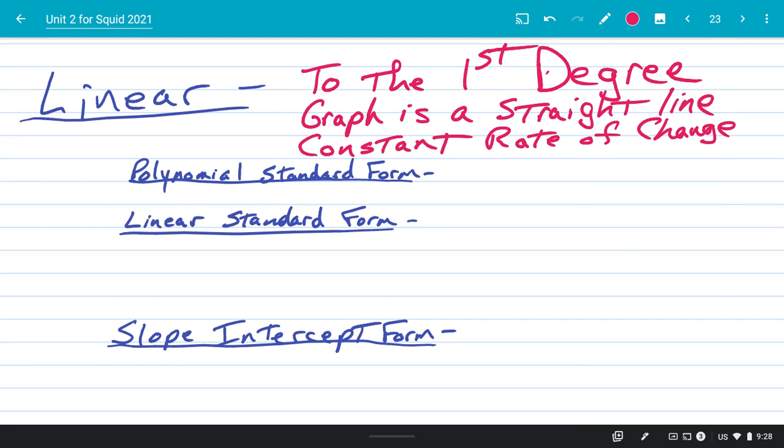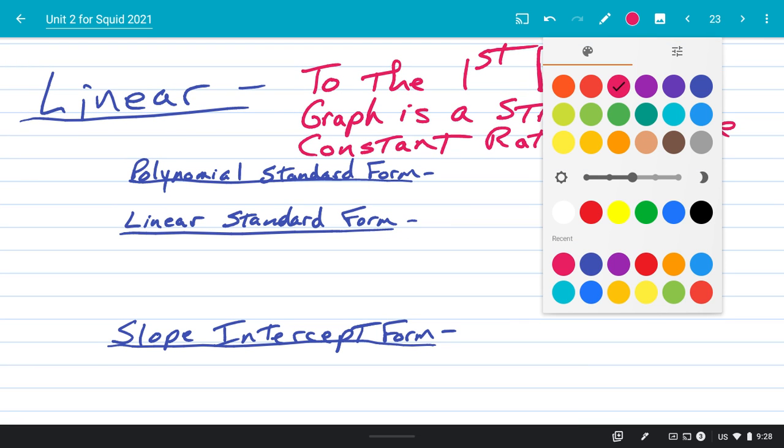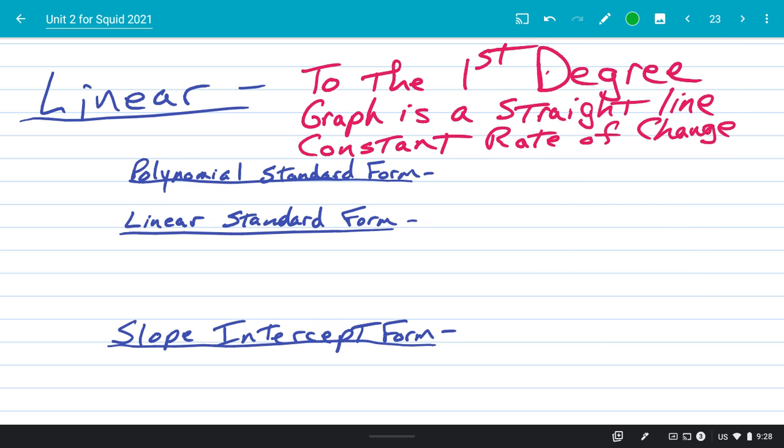Now, as we talk about linear, I'm going to give you one thing that's foreshadowing the future, two units from now, when we start talking about polynomials. You're going to hear me say the words standard form. When I talk about standard form of polynomials, that means we want to get our terms lined up from high to low.